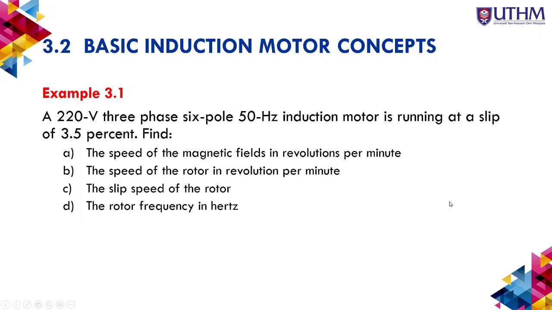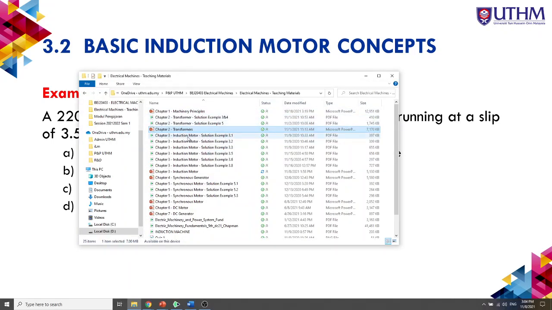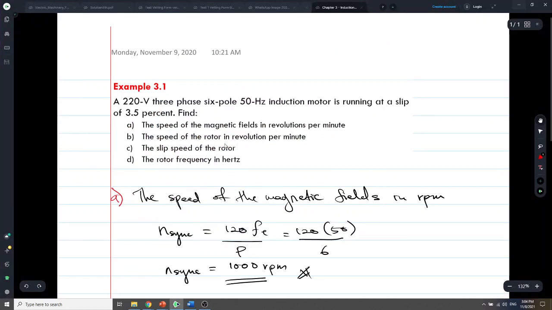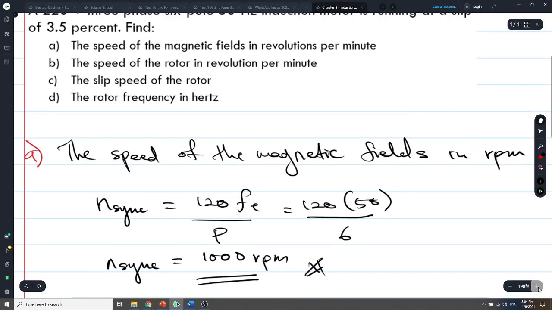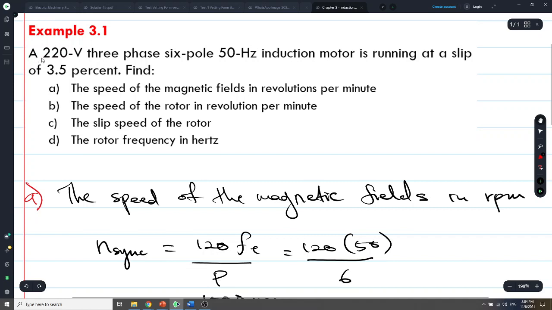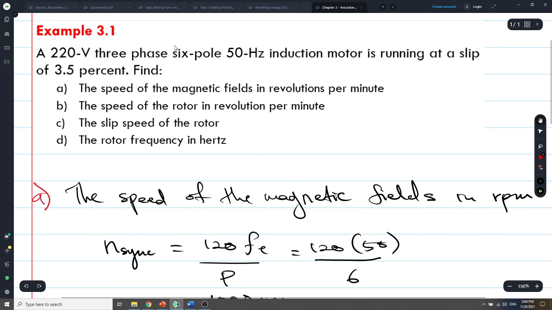Okay, so this is the example of the calculation, so let me open directly. Ni senang sikit lah. Dah ada kan. Nampak tak ni? Nampak. Okay. So the question is 220 volt 3 phase, ingat 3 phase 6 pole lah. So biasanya number of pole ni dia dah bagilah.